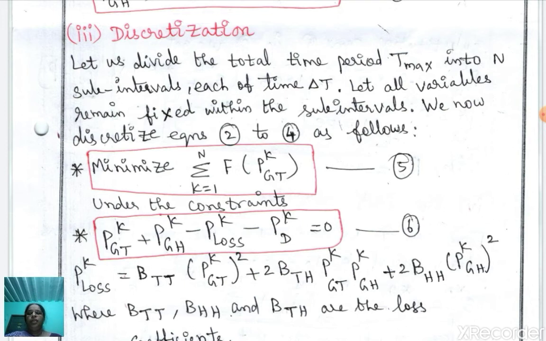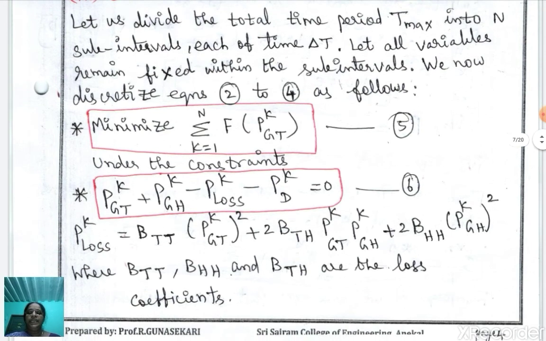The P loss power k is equal to BTT into Pgt power k the whole squared plus 2BTH into Pgt power k Pgh power k plus BHH into Pgh power k the whole squared, where BTT, BHH and BTH are the loss coefficients.